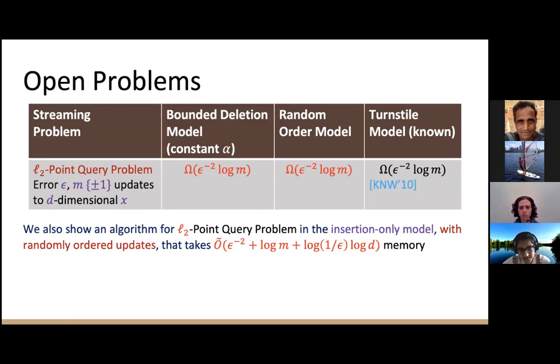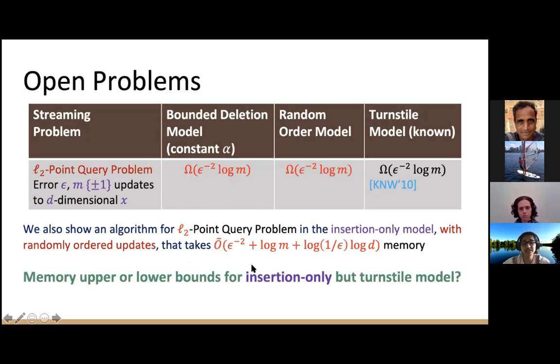So, reiterating, in the streaming model we proved memory lower bounds of log m by epsilon square for solving the L2 point query problem in the bounded deletion model and the random order model. And then we also showed an algorithm for the L2 point query problem in the insertion-only model with randomly ordered updates that takes much less than log m by epsilon square memory. Now the question is, what is the space complexity for solving the L2 point query problem in the insertion-only turnstile model?